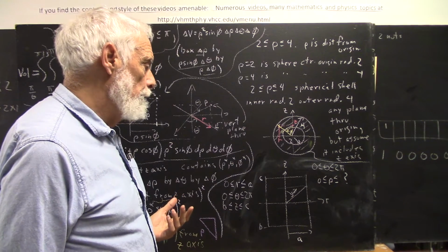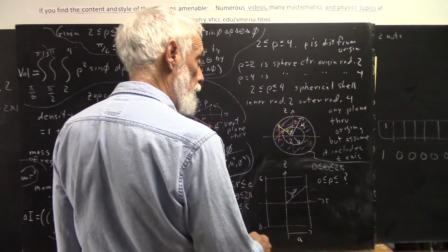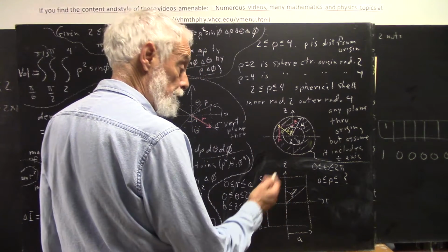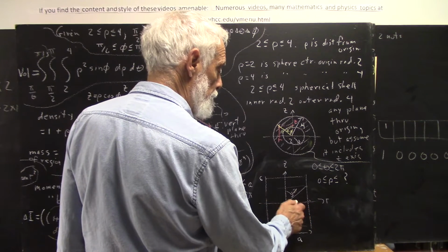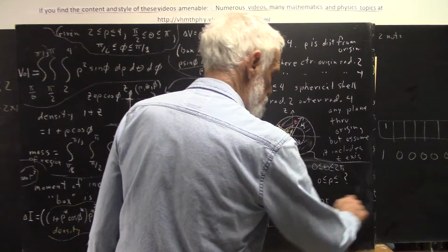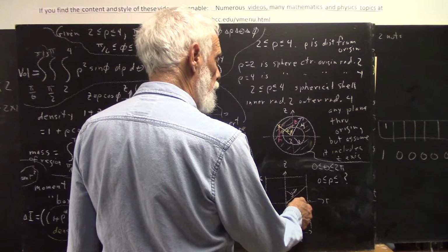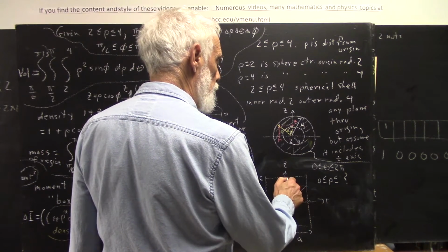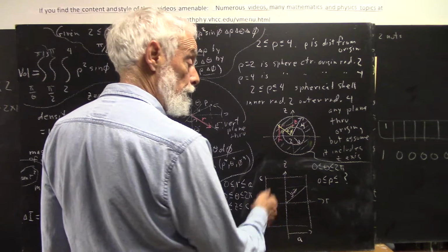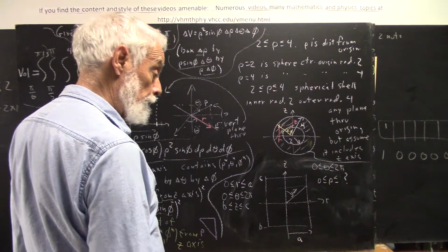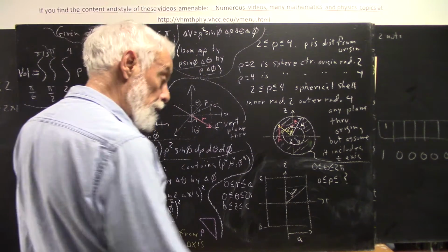Well, it should be clear that you have points within this cylinder where phi equals 0, and a point where phi equals 0 would be any point on what we would call the r-axis. Or you could have phi equals pi over 2, which would correspond to a point on the vertical axis, the z-axis, or phi equals negative pi over 2.